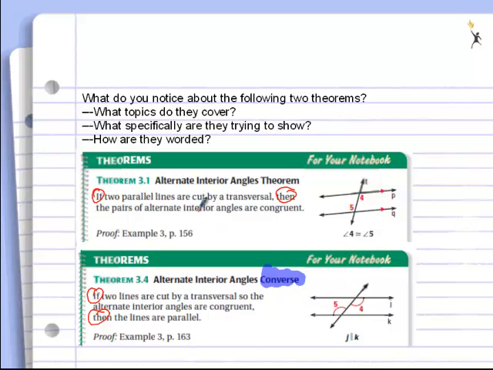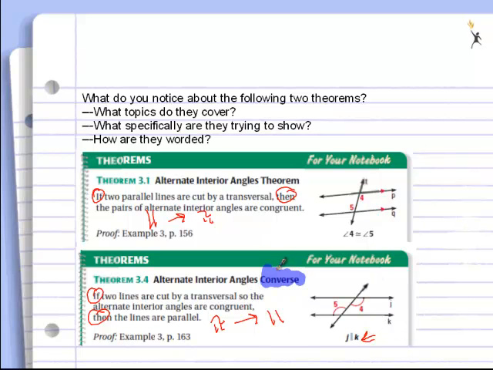If two parallel lines are cut by a transversal, then they're congruent. Here we have, if two lines are cut by a transversal and they're congruent, then they're parallel. Here we're going from parallel to congruent. Here we're going from congruent to parallel. And the two lines, by the way, mean parallel. You can see that right here.